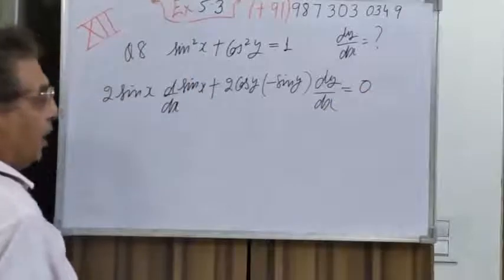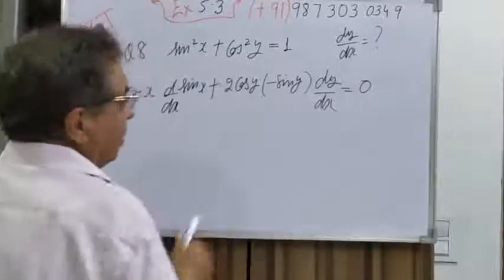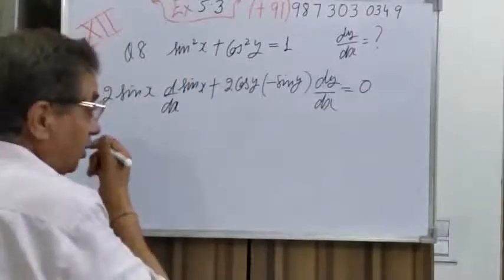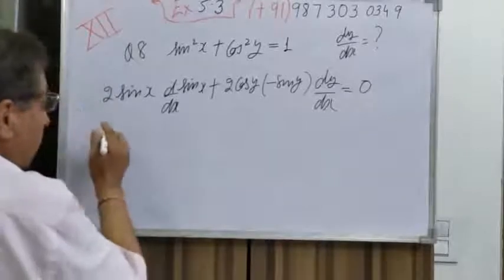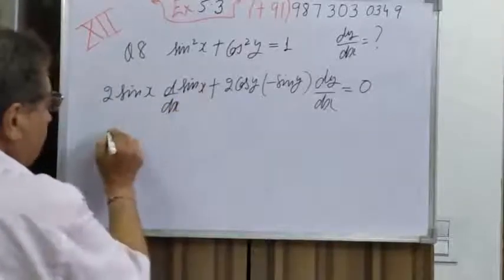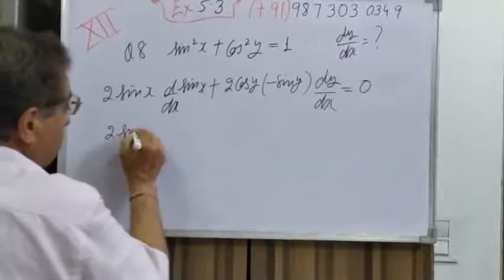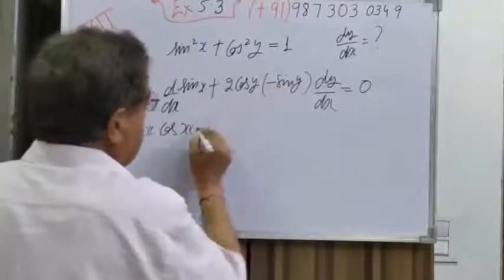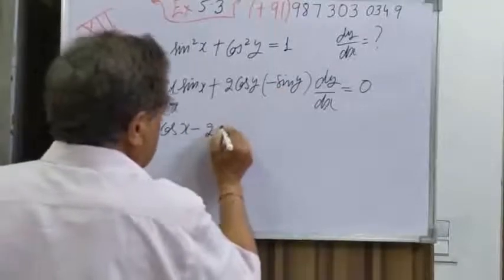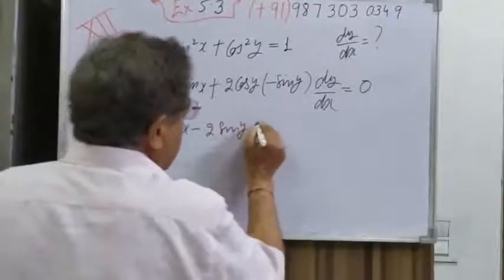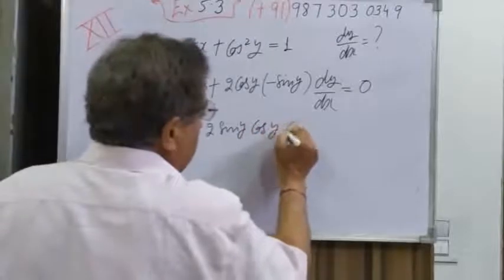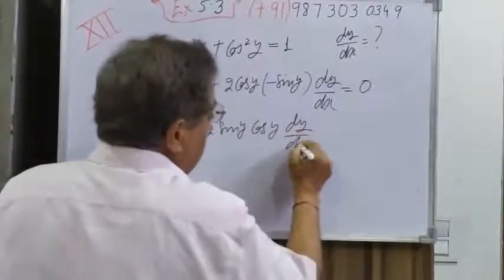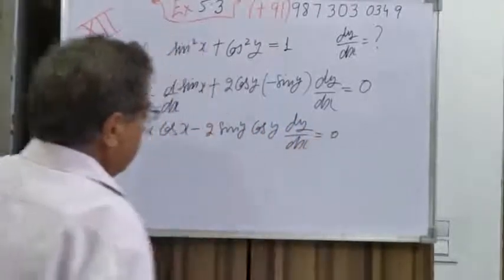Our target was to find that dy upon dx, so remaining terms have to be taken on the right hand side. The derivative of sin x is cos x, so I write 2 sin x cos x. Here with the negative sign, 2 sin y cos y into dy upon dx is equal to 0.